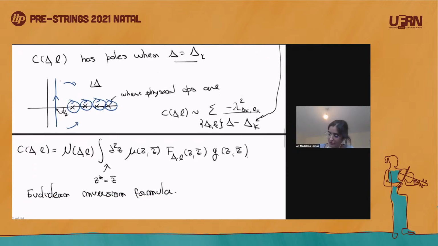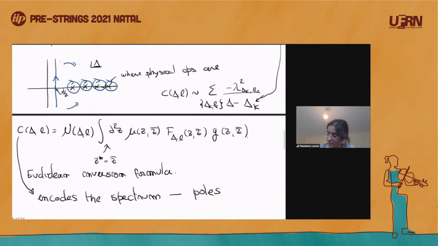And this function is very nice because it encodes the spectrum. I just search for its poles, and its poles tell me what the spectrum is. And it also encodes the OPE coefficients as the residues.